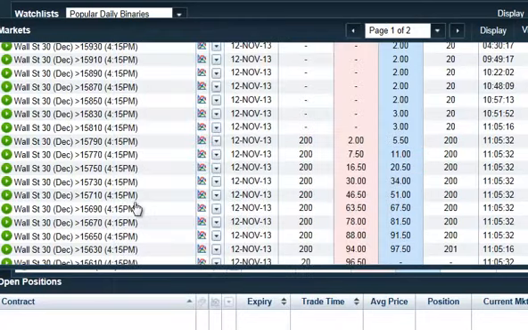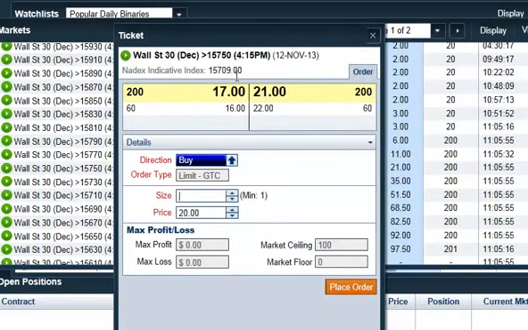Let's just say, hey, I think the market is going to take off and just really move up, 50 plus points for the rest of the day. And I'm really sure of it. I could take this particular position, which is 15,750, and only pay $20 for it. So in this particular case, the Dow would have to move up 40 points.